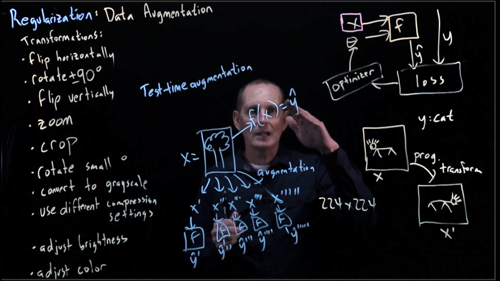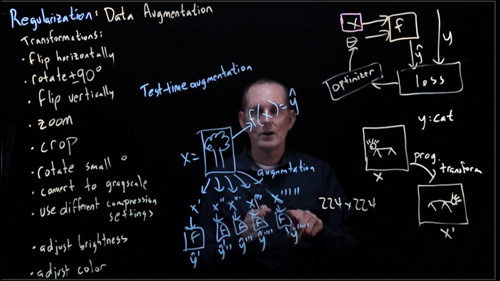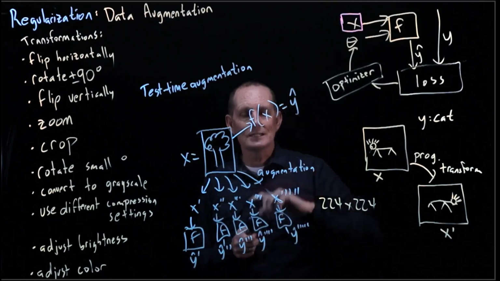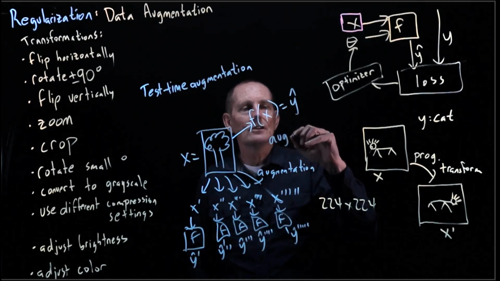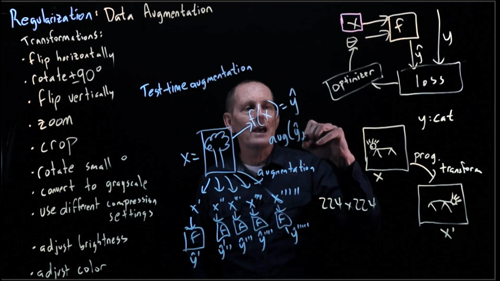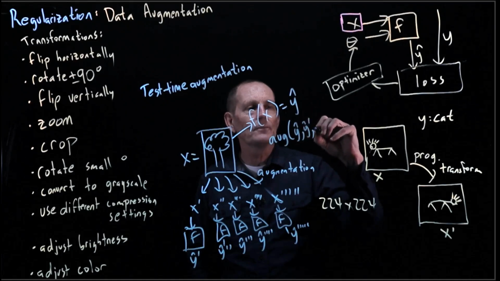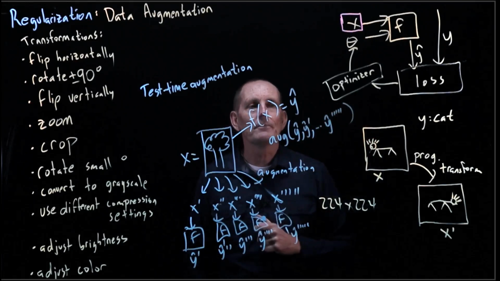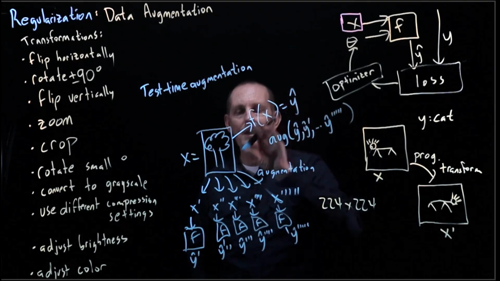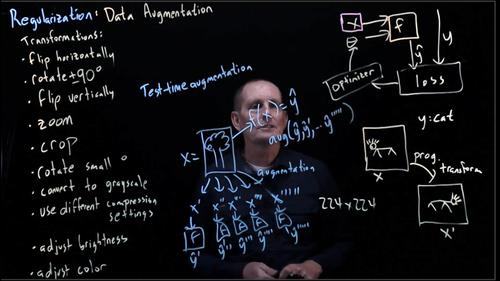Well, it may be that the model actually works better on one of those than it did on the original x. And so we can take the average of y hat, y hat prime, all the way to y hat quintuple prime, so that we have a better sense of what the true answer might be.